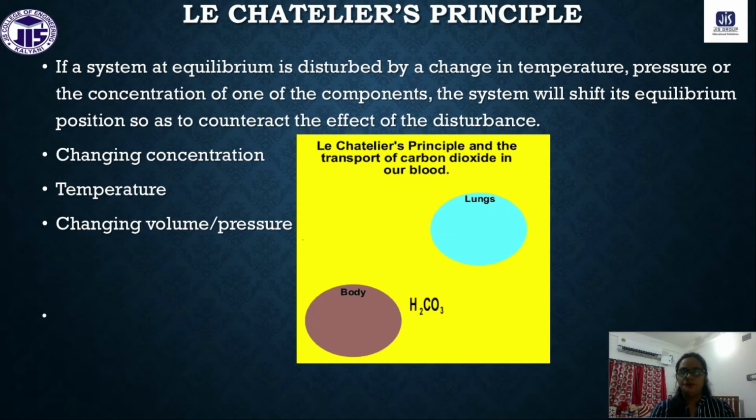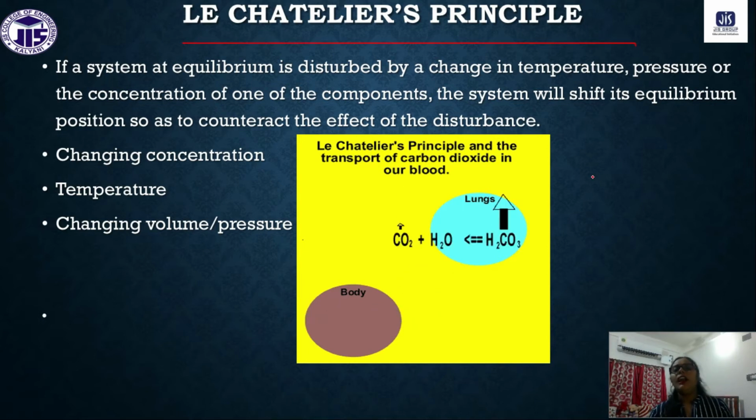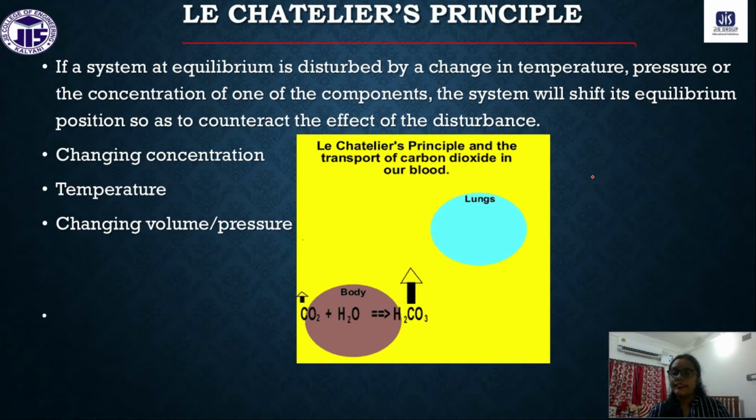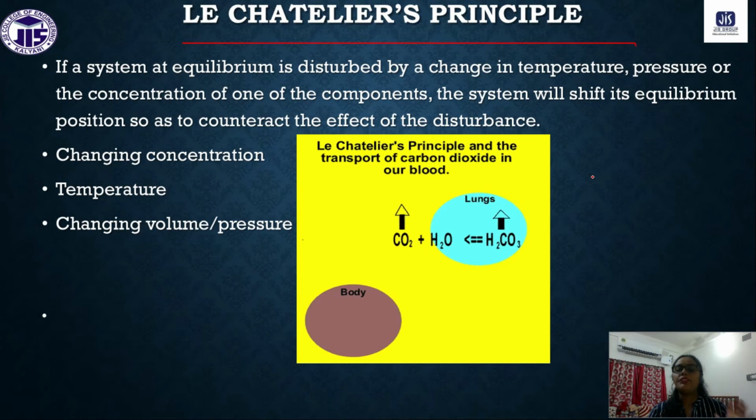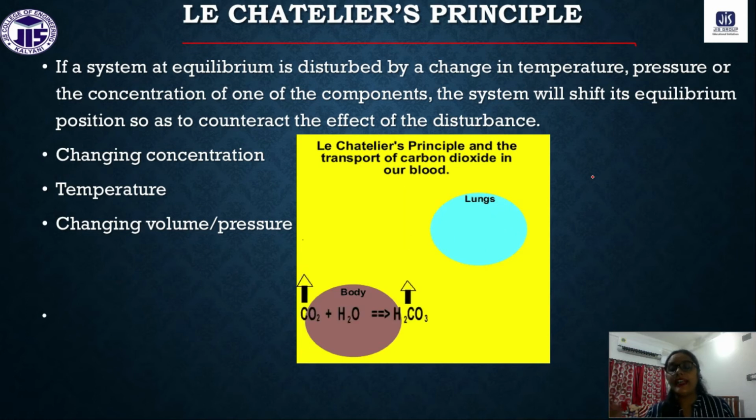According to this principle, if we change the temperature, pressure, volume or concentration, the reaction medium will change in such a way that whatever change we have made to the system will be minimized.